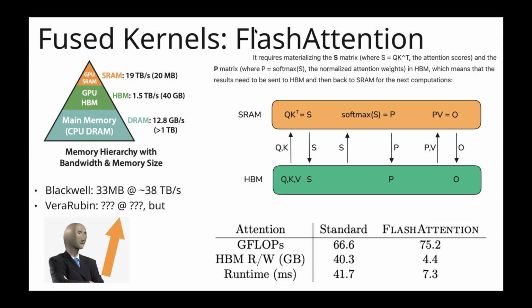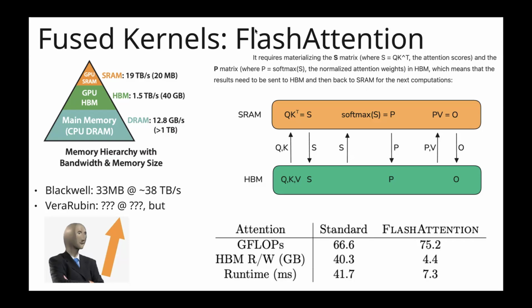And here, just out of curiosity, I pulled up from the NVIDIA spec the numbers for the Blackwell architecture, which gains traction right now. These GPUs are available for rent, and most of the open source libraries already support effective training on these GPUs. So SRAM memory has increased more than 50% to 33 megabytes, and the speed has also increased 2 times.